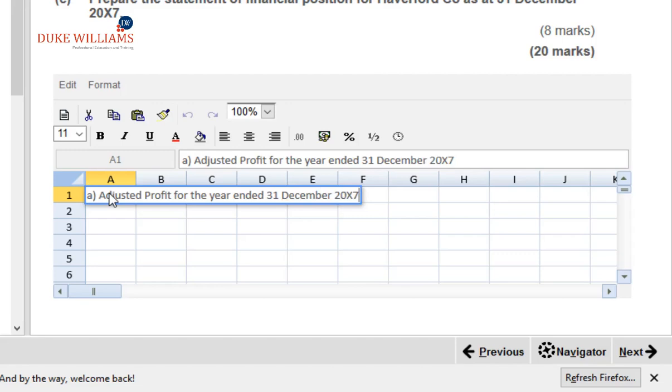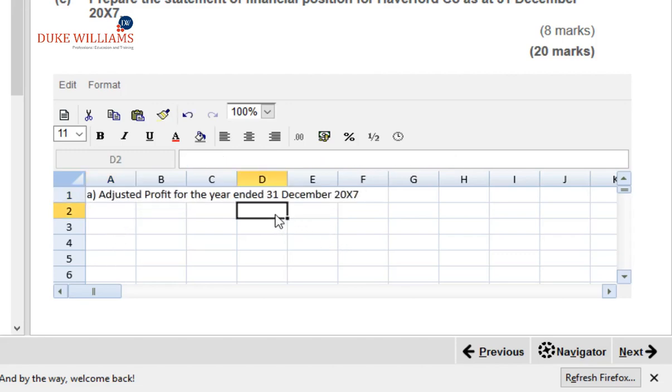Excellent. So amount rounded to 3 zeros.